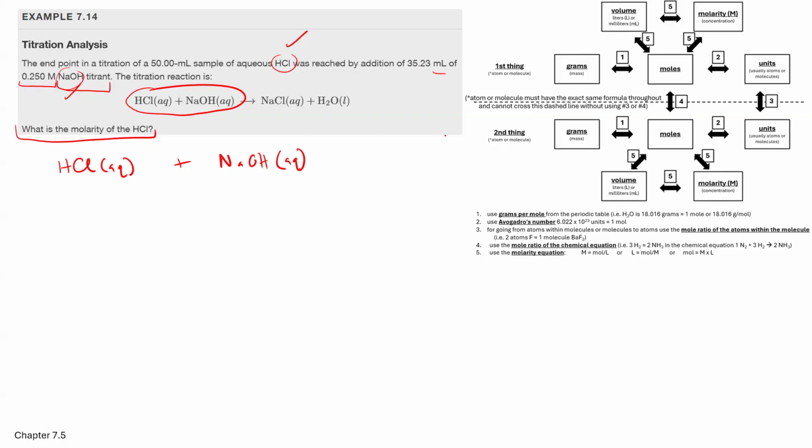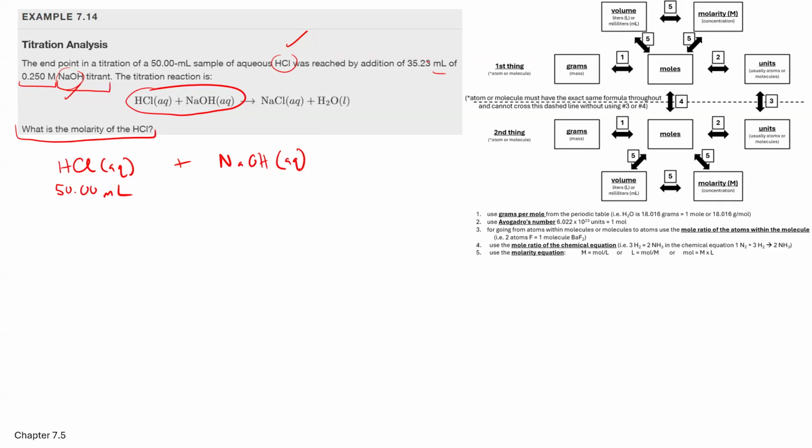All right. So let's write down all the information we have. This is 50.00 milliliters.